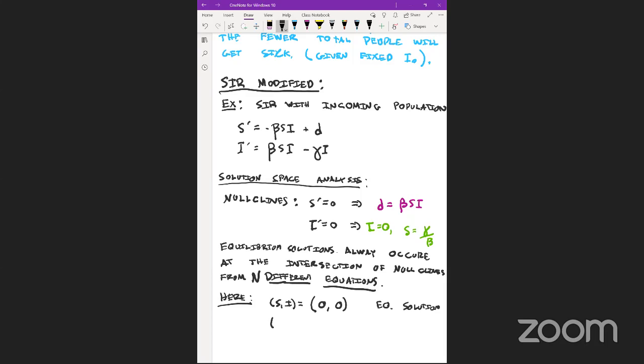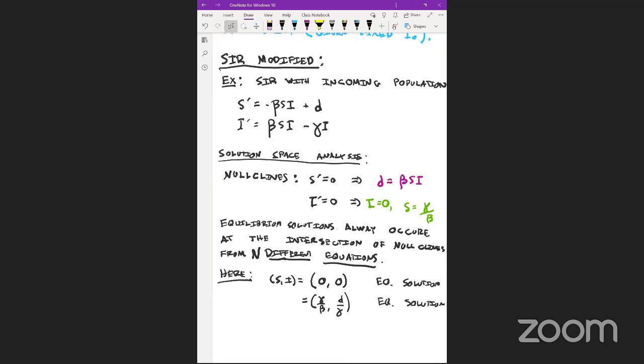And S equals gamma over beta and I equals D over gamma is an equilibrium solution. But the intersection of the null clines that just corresponds to I equals 0, S equals gamma over beta is not a solution.